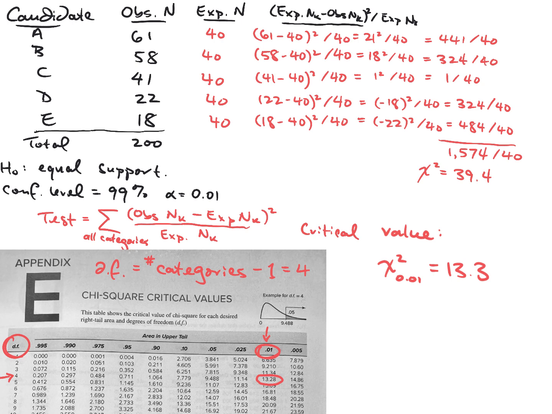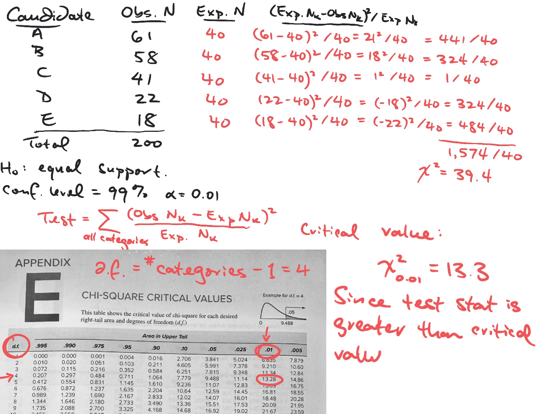The test statistic is greater than the critical value, which means reject. Since the test statistic is greater than the critical value, we reject the null hypothesis. Okay, got it?